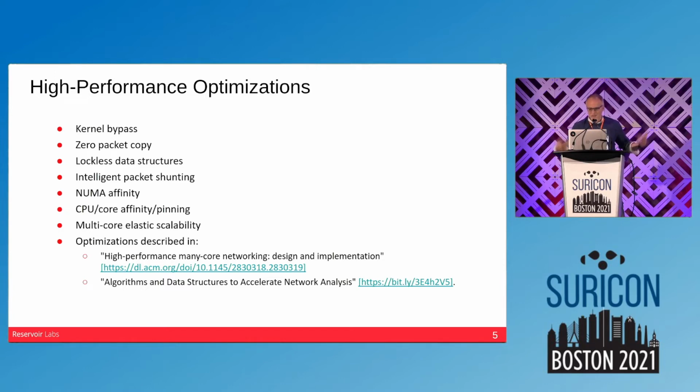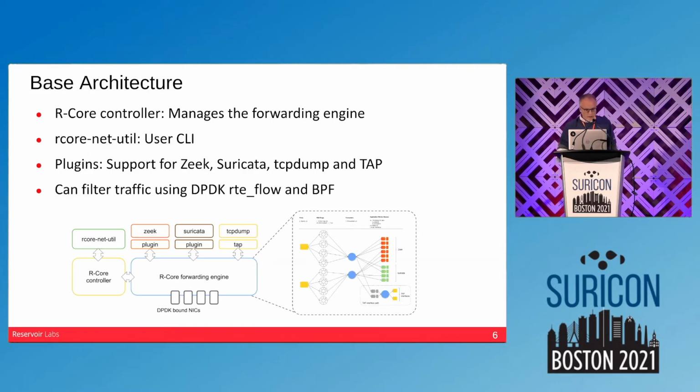That enables multi-core elastic scalability, if you will. And then, for the optimizations that we implement, there's a couple of papers at SC, supercomputing papers that you can download and check out on some of the optimizations that are implemented in Arcore, basically. So that's for HPC.